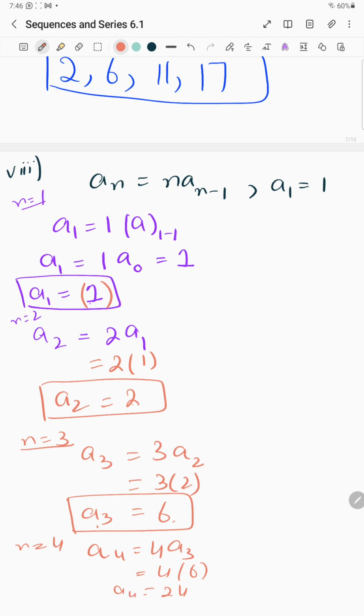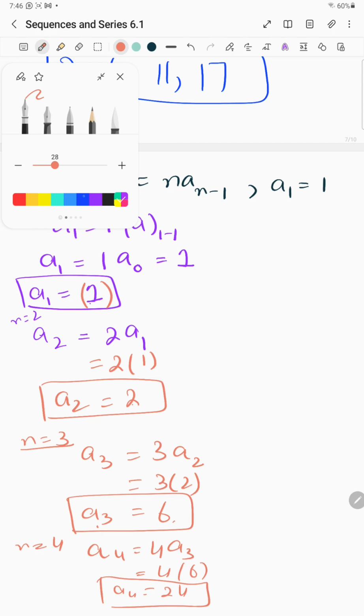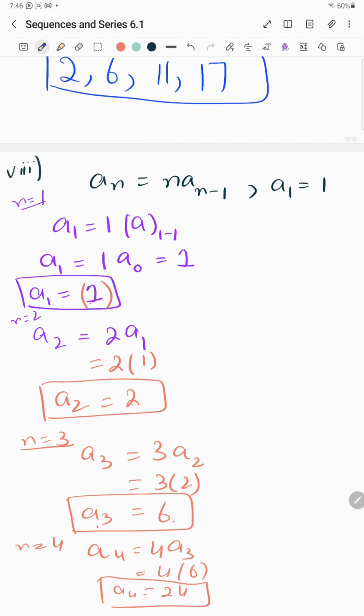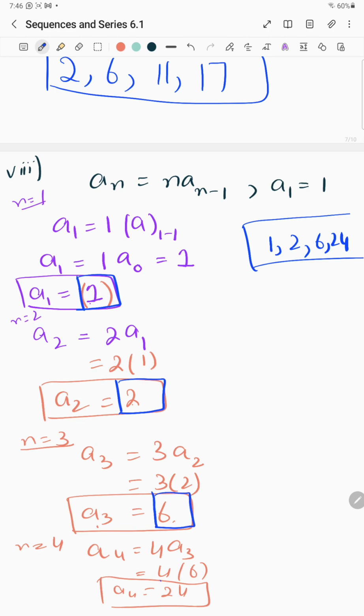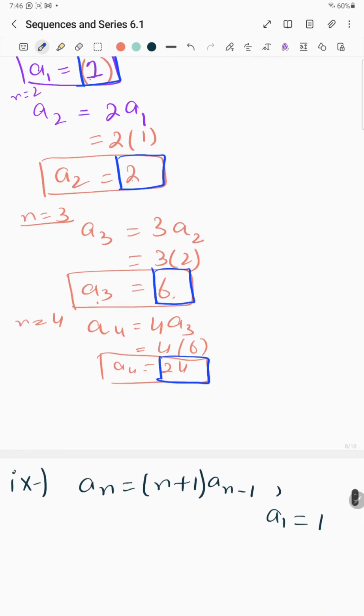So a4 is going to be 24. Okay, so we got the values, and the sequence would be 1, 2, 6, and 24. We just keep on substituting the previous value in each term.